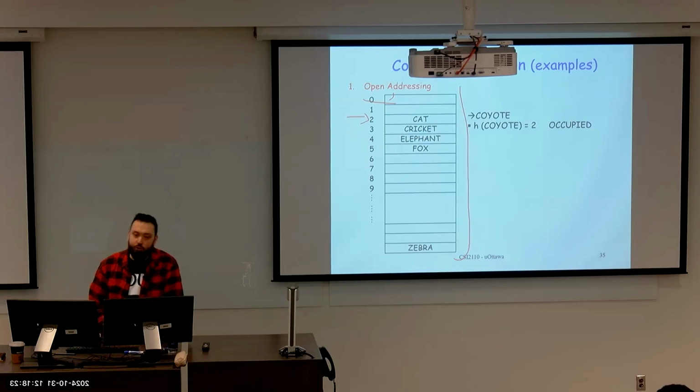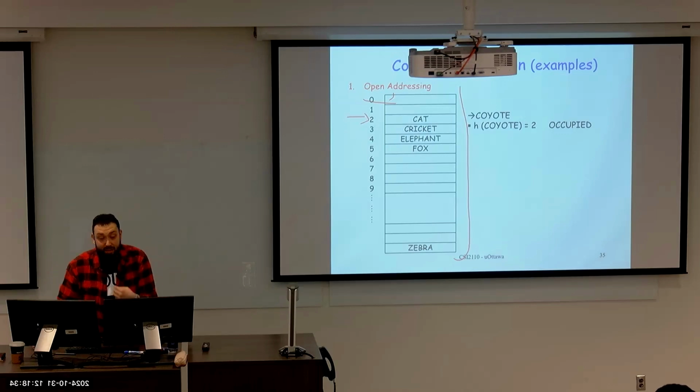Now you said, I'm going to use, for example, the first letter as my index, my key. This is not a good example, but we're learning from it. So initially, it's going to work out for you. Cat is here at 2. Elephant is at 4. Forget about the cricket now. 5 is fox. So initially it's working out for you.